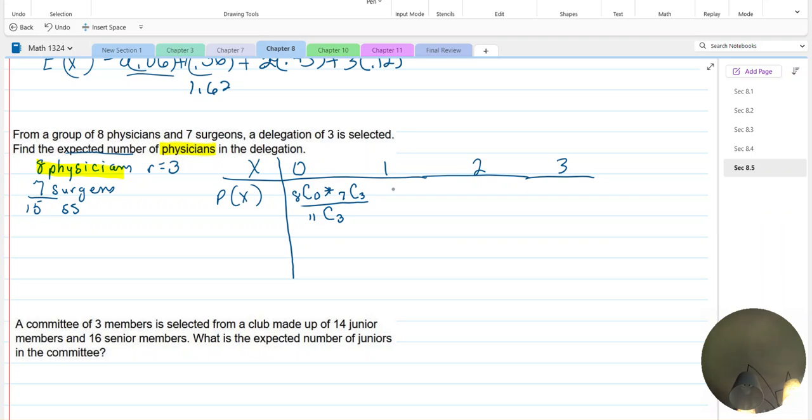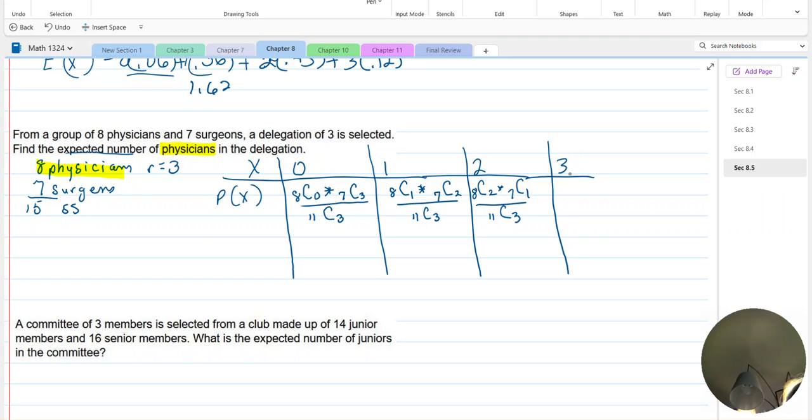For 1, I'm going to have 8 choose 1 times 7 choose 2 to get the 3 out of 11 choose 3. For 2, I'm going to have 8 choose 2 times 7 choose 1 over 11 choose 3.